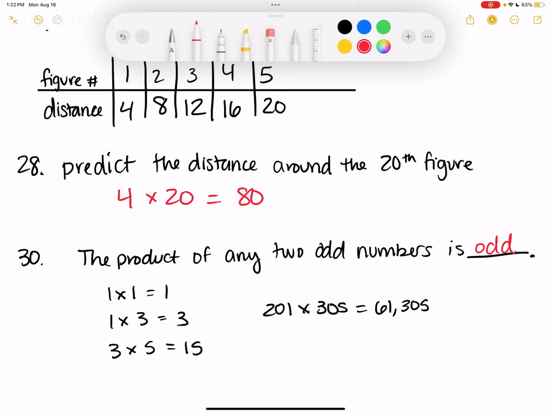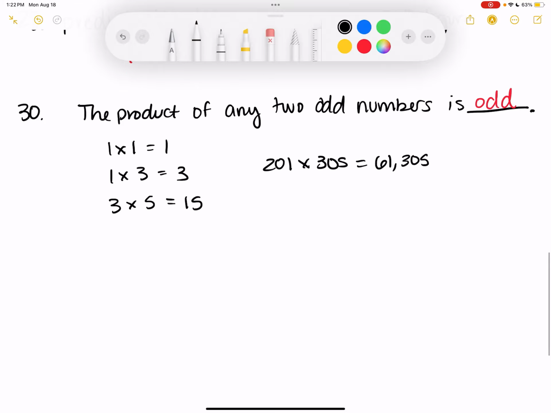All right, the next ones say find the counterexample. So show the conjecture is false by finding a counterexample. 34. All prime numbers are odd. Is that true? No. What would a counterexample be? 2.